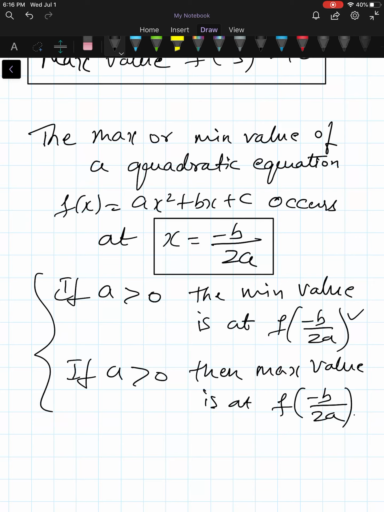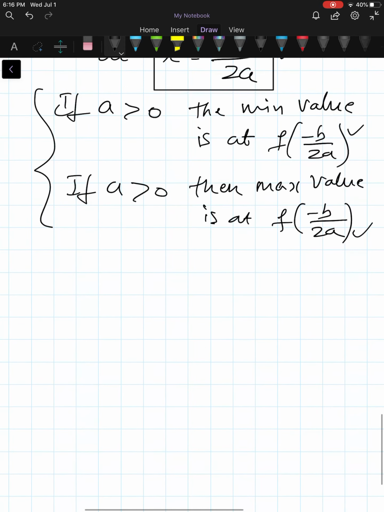The same two conditions apply for the maximum when a is less than 0. These two conditions will give you the maximum and minimum functional values, but this formula will give you the input value at which the function attains its maximum or minimum value. So we shall do some problems based on this.